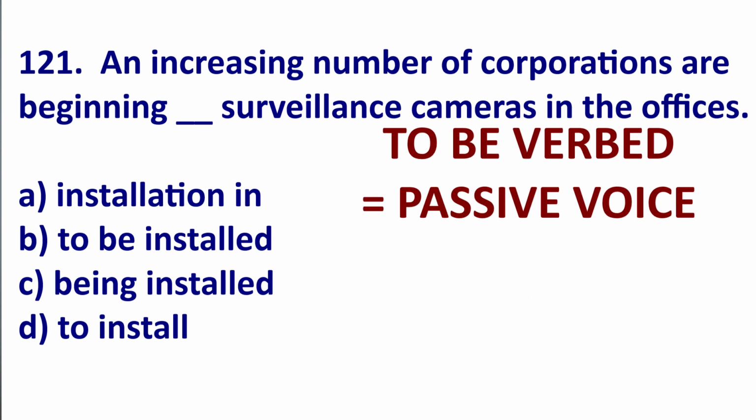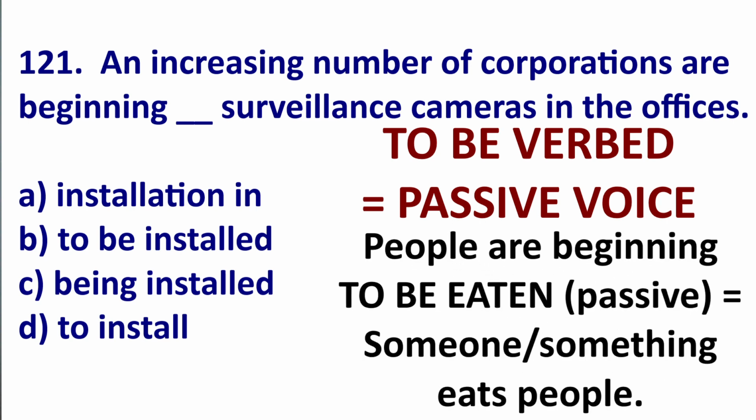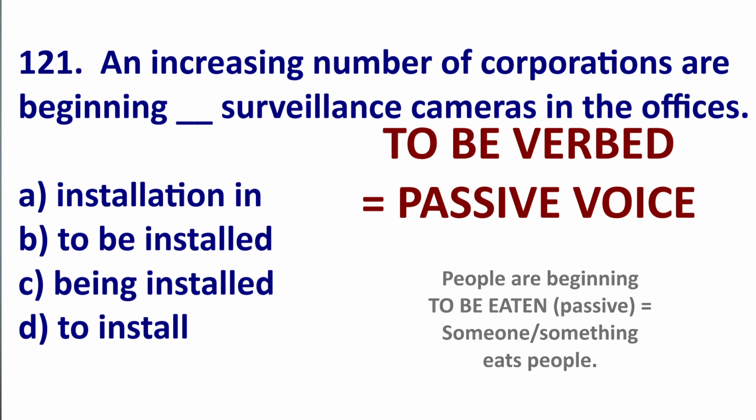To be verbed is passive voice. For example, if I say people are beginning to eat food, that means people eat food. If I say people are beginning to be eaten, that means something or someone is beginning to eat people.